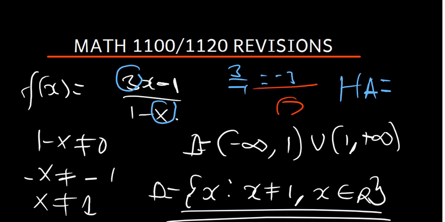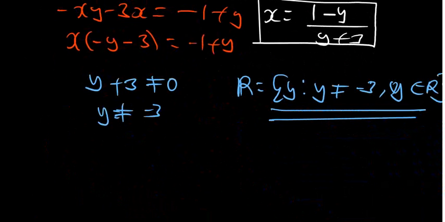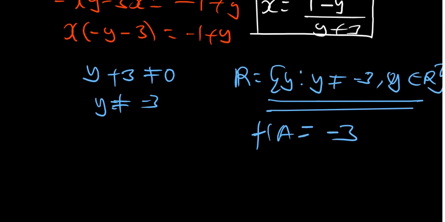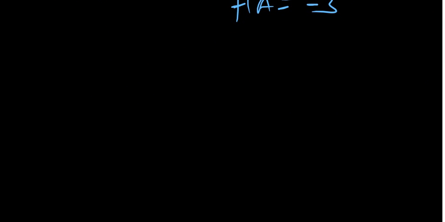So that is the range. The range will not be equal to negative 3, if you want to use this one directly. What if they ask you to find the horizontal asymptote? The same as the range is the horizontal asymptote. So here, our horizontal asymptote is negative 3.